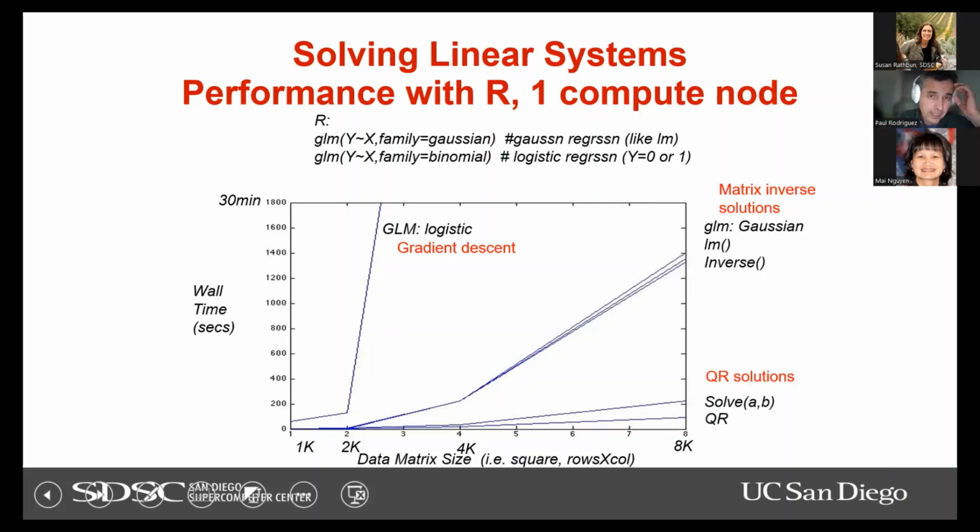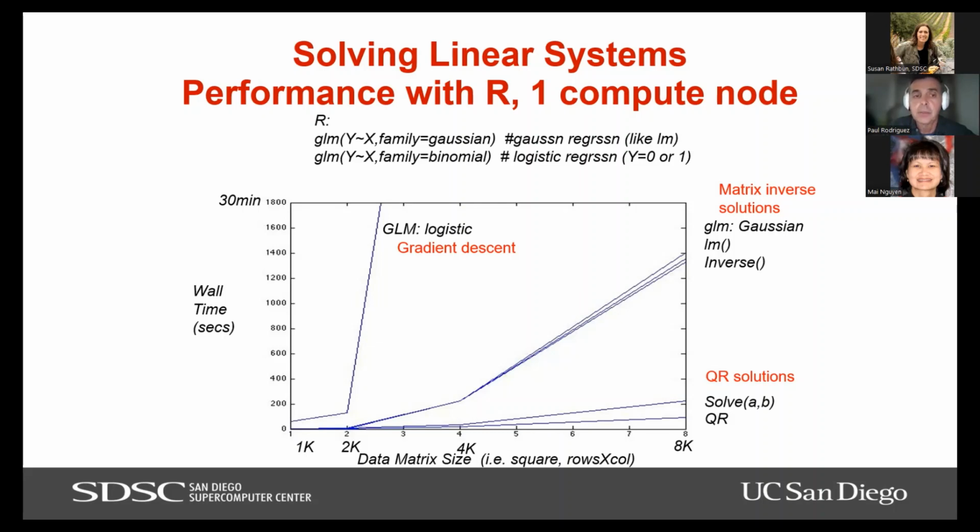If we look, just for comparison, at the different options with R on one compute node, on the x-axis I have data matrix size, and on the y-axis I have wall time. For something like solving linear systems, the decomposition methods are very fast.